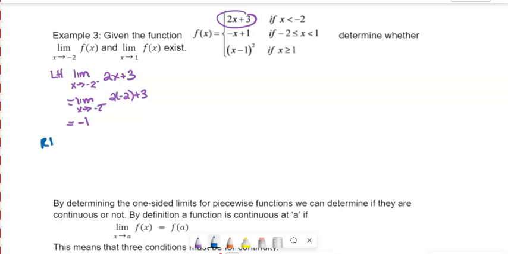So the right-hand limit of x approaching -2, now from the right. Okay, so now I'm approaching -2 from -1, so I'm going to use this function, -x plus 1.